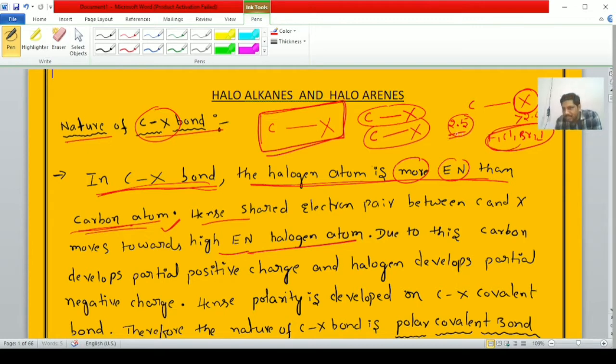Due to this reason, the electronegativity of halogens is more than that of the carbon atom.